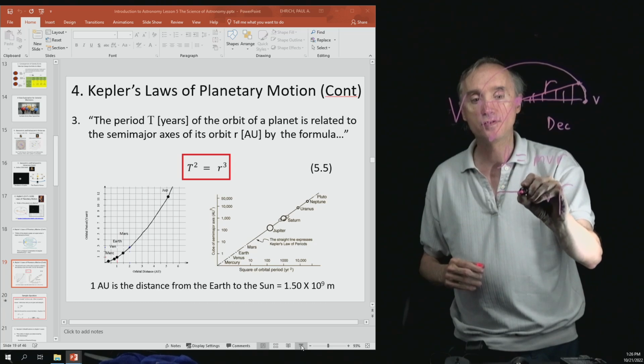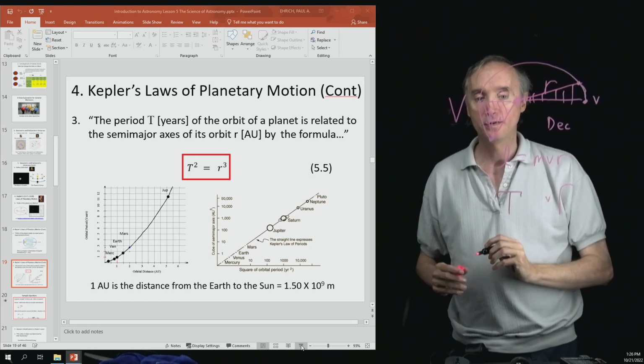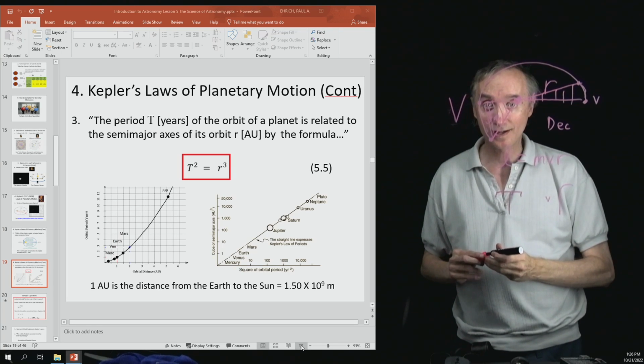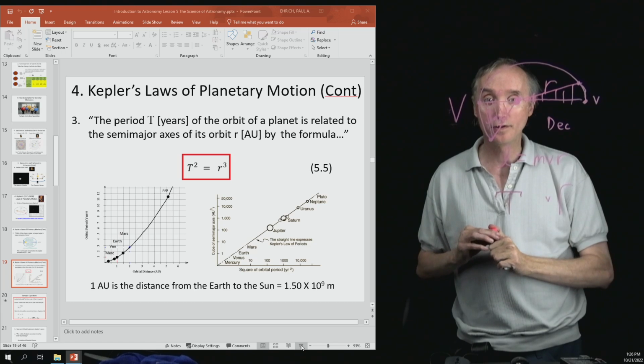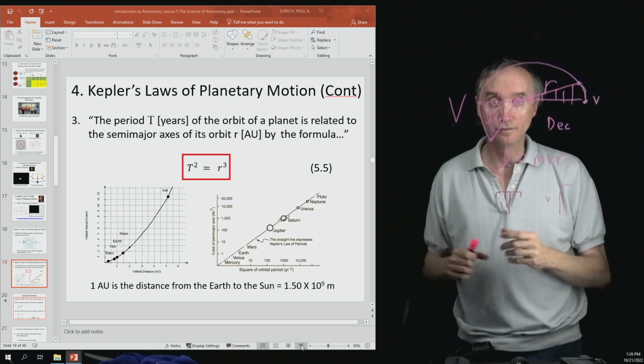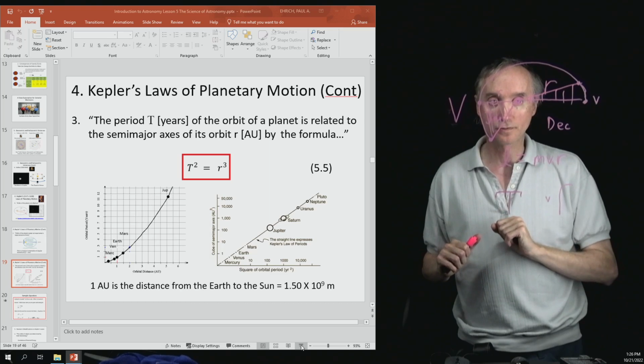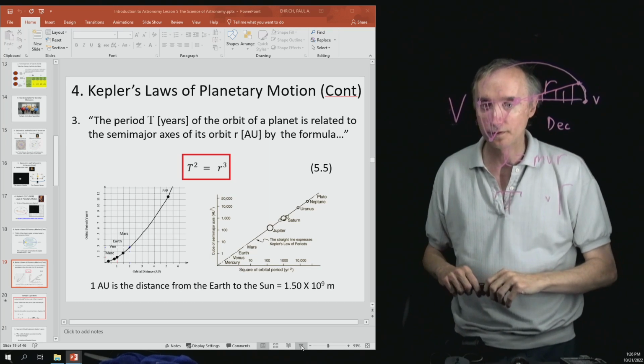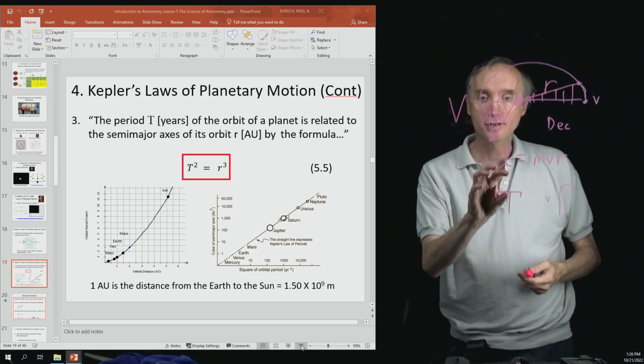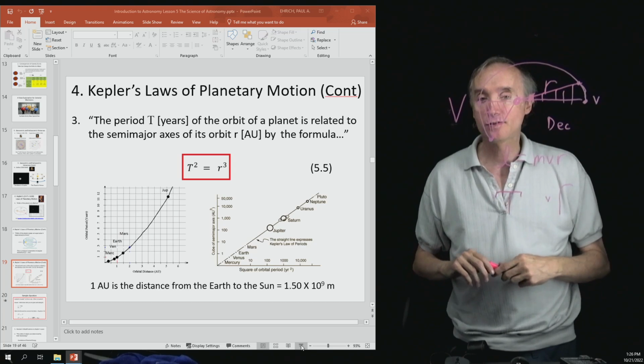So if you see one of these, that means period, the amount of time it takes a planet to go around the sun, for example. If you don't see the hooks on it, then that means temperature. I know, it's confusing.